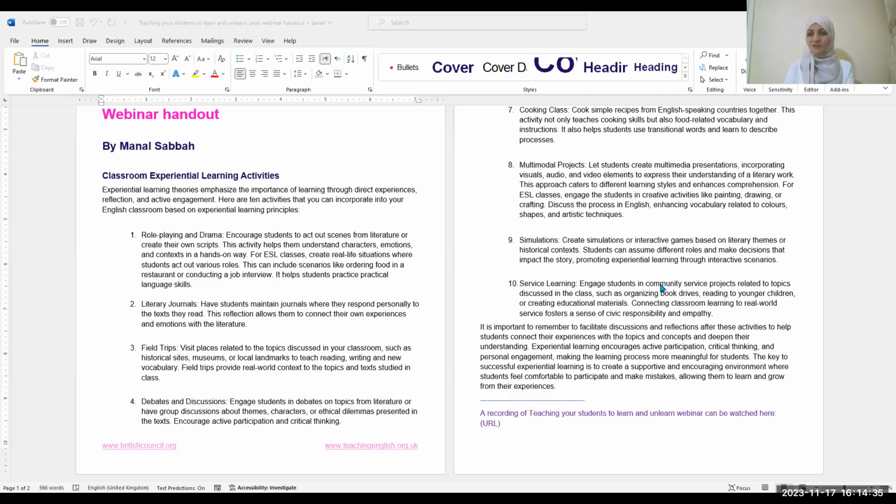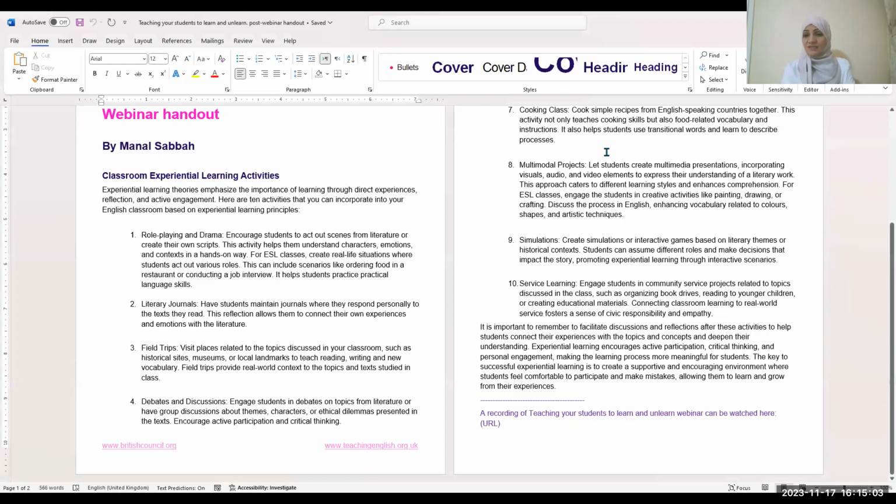Simulations, if you have used VR in the classroom, virtual reality VRs. They put also the students into an experience, and these are technology based. If you don't have the space or the ability, because sometimes, you know, trips are expensive and not everyone can do that, so if you have a VR, it's very useful in the classroom.